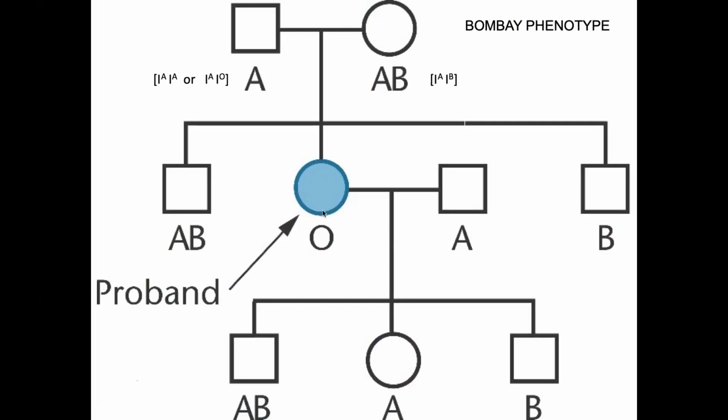Then when this individual mated to produce offspring, remember this individual still carries the B allele from the maternal parent, so that individual can transmit that to offspring. So that's the explanation: epistasis occurring within the ABO blood typing system that explains this unusual Bombay phenotype.